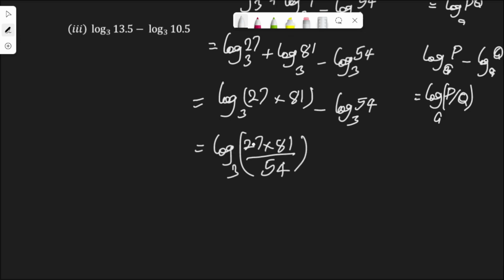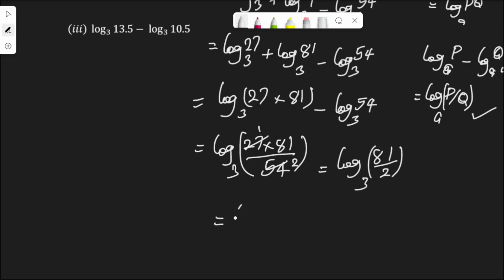Let's reduce this fraction. 27 here 1, 27 here 2. Our logarithm becomes log 81 over 2 to base 3. Now applying this law again, our expression is in this form and I want to turn it to this form.